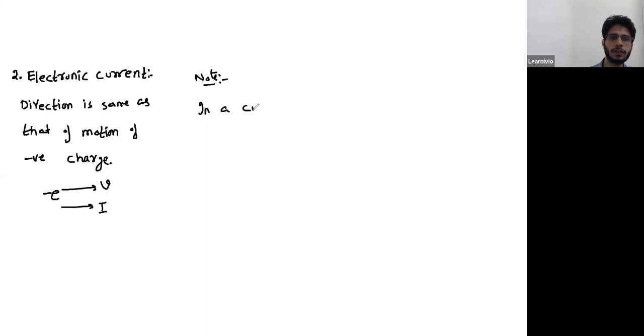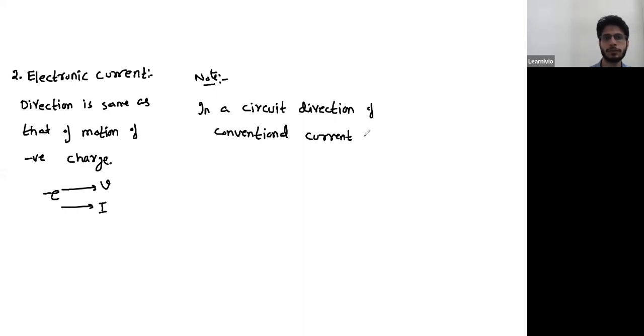In a circuit, the direction of conventional current is from high to lower potential.